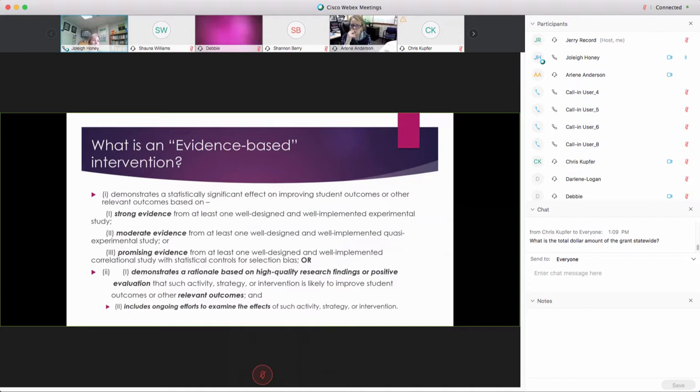So it doesn't mean that you would not qualify if your evidence was promising and has the research findings or positive evaluation. If you have the experimental study or the quasi-experimental study, of course, that's better. But I will say that this is not a competitive grant this year. So as long as your research is recent and shows that it has positive impact in the focus that you're having, you would be accepted.